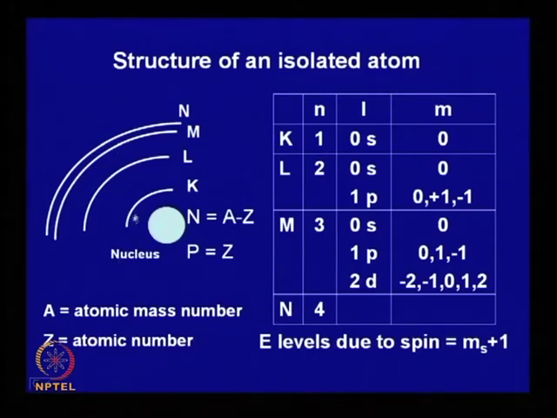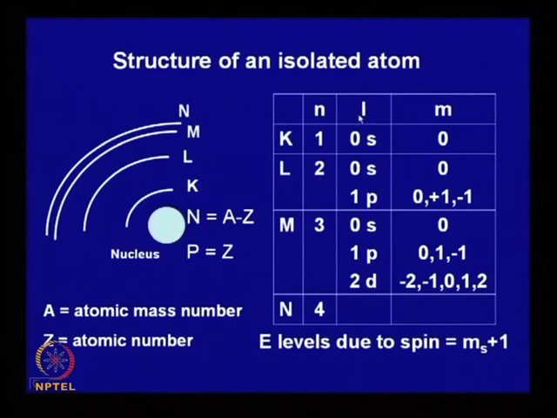The state of energy in these orbits is described by a set of quantum numbers which are listed here: principal quantum number, azimuthal quantum number, and magnetic quantum number. The principal quantum number describes the main orbit K, L, M, N, represented by integers 1, 2, 3, 4.